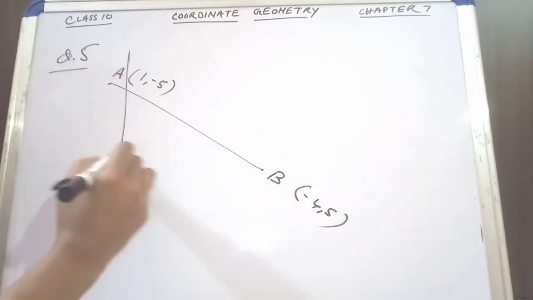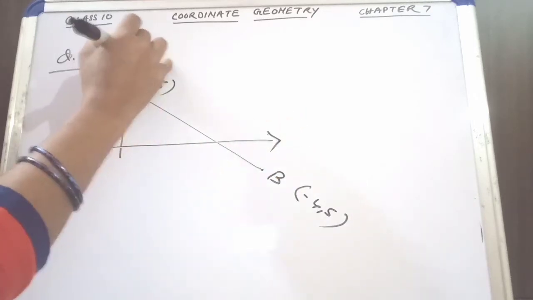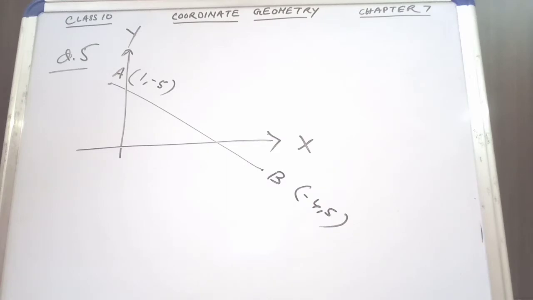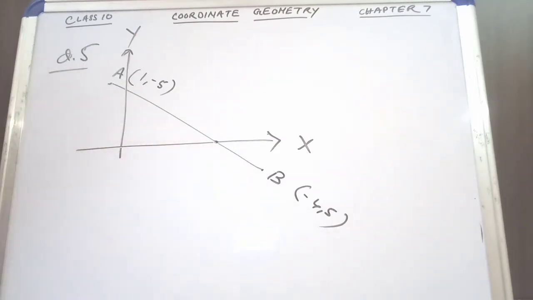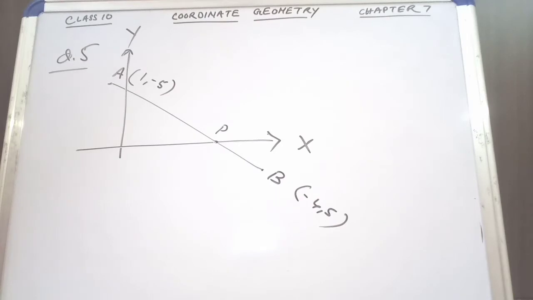Suppose this is x-axis, this is y-axis. So this line is divided by x-axis. Suppose this point is P.